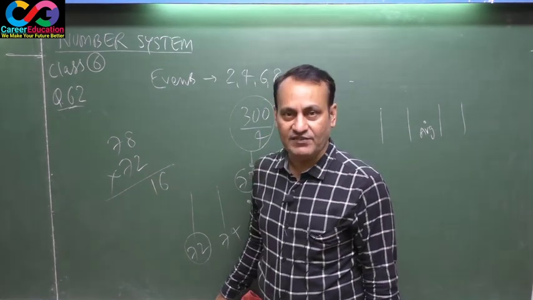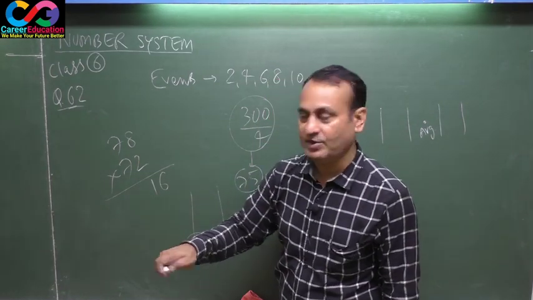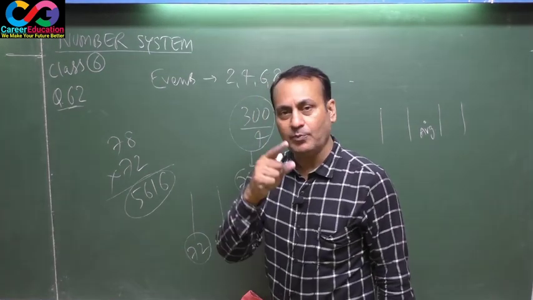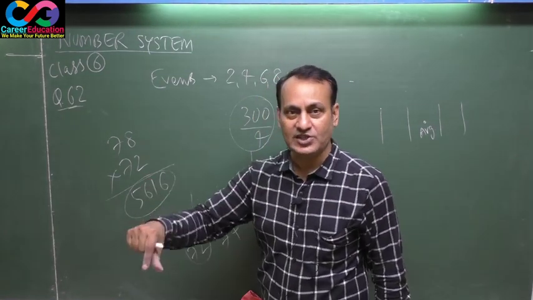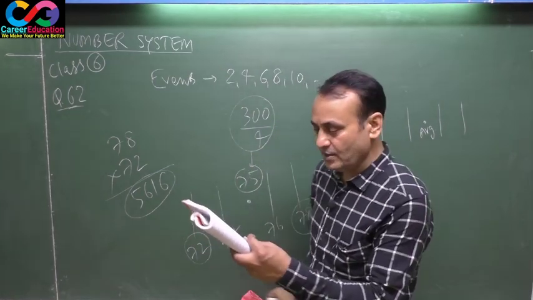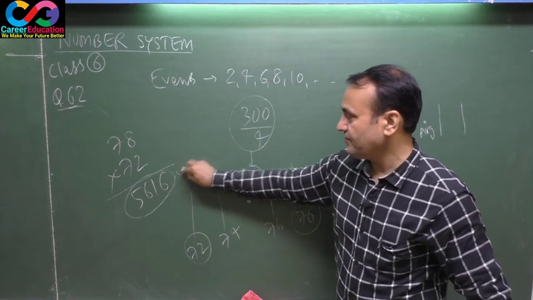Again you have 7 in hand. 7 into 7, 49, plus 7, 56. That means you multiplied here and got the product of these 2 numbers. That means the product of the smallest and the biggest is 5616. This is your answer. Match from the options, 5616. Okay.